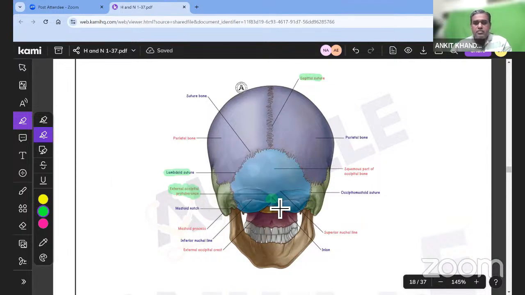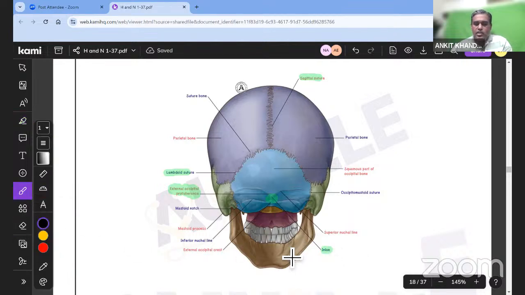The most projecting point in this external occipital protuberance is known as inion, I-N-I-O-N. That is also asked. Protuberance is a vague term, and the most prominent point is known as inion.